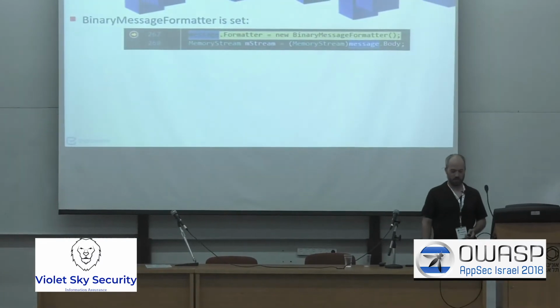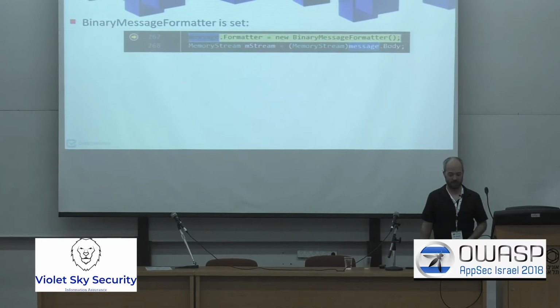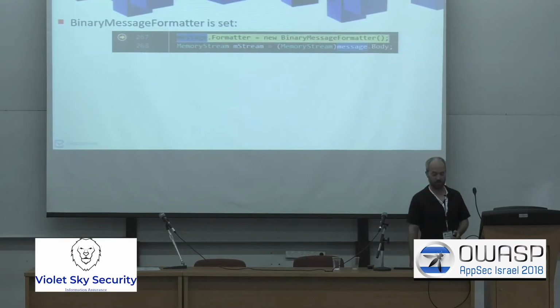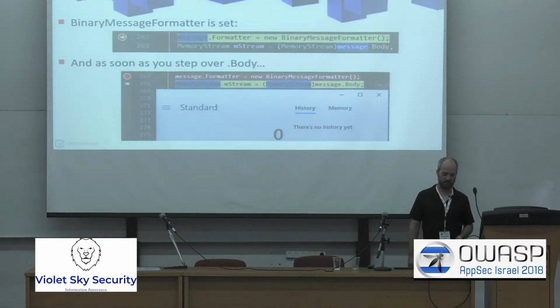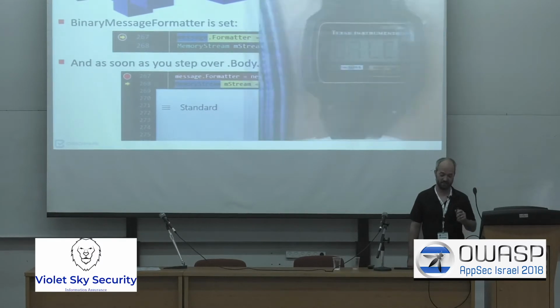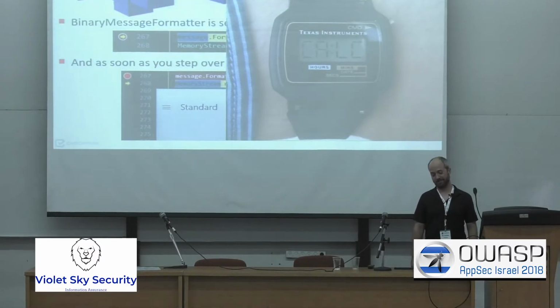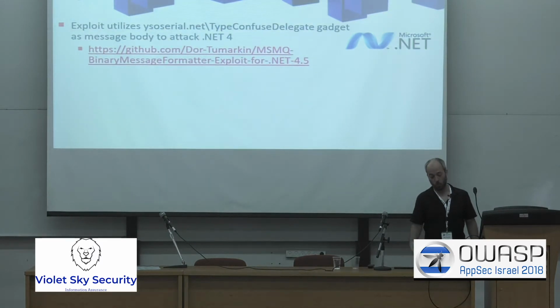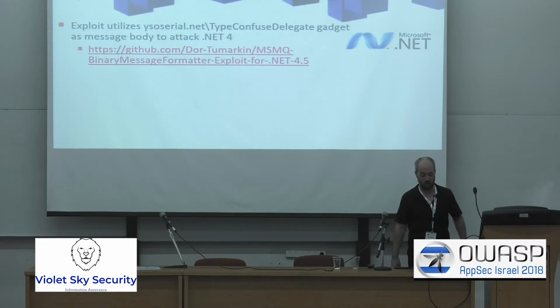So, going back to that code, as soon as the binary message formatter is set, on the very next line, the body of the message is dereferenced. And as soon as you access the body, it's calc o'clock, baby. When we tried that, we did it with .NET 4.5 because it's easier to take that project from Microsoft and bring it over to .NET 4.5.